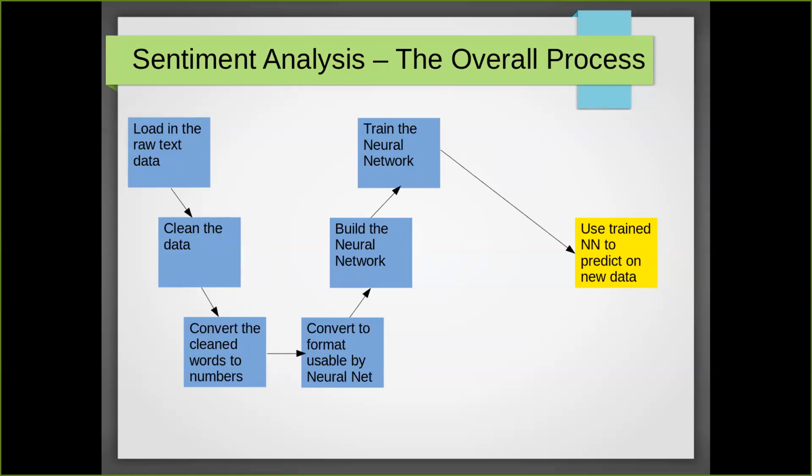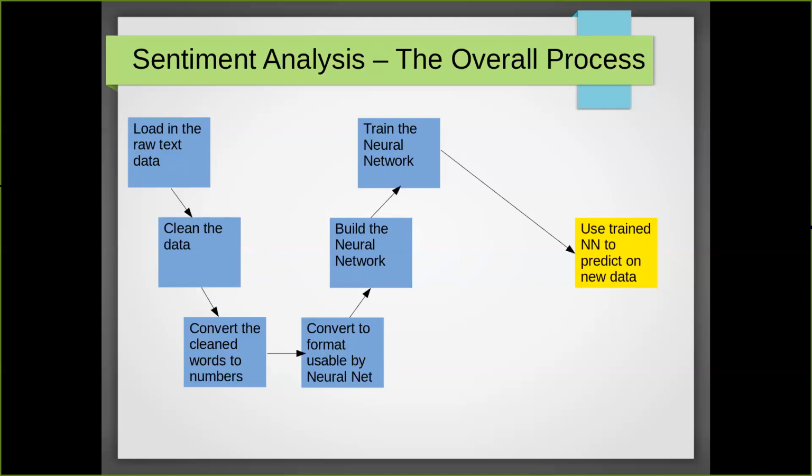You can't do that with words, because obviously words are not numbers, and you can't multiply two words together. But what you can do is convert those words into numbers, so that we have a numerical representation for our words, and then we can feed them through a neural network. I'll talk a bit about how we do that meaningfully a little later.